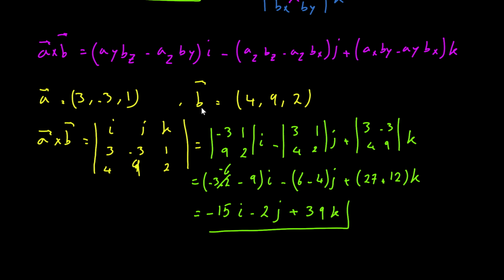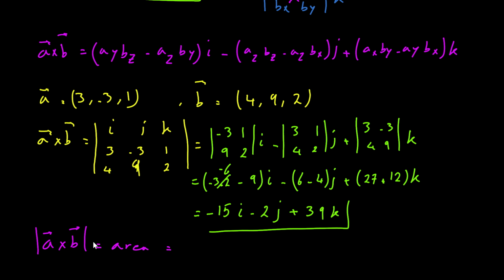If you want to find the area of the parallelogram, the area is going to be the magnitude of the cross product. In order to do that, here we have the vector.